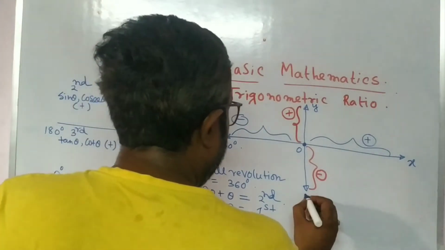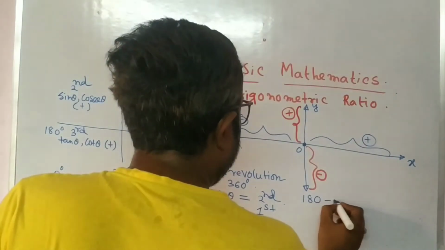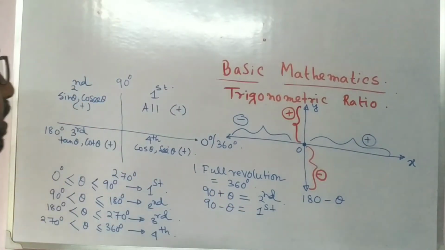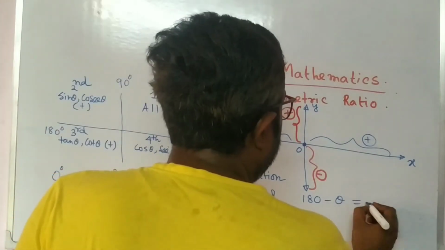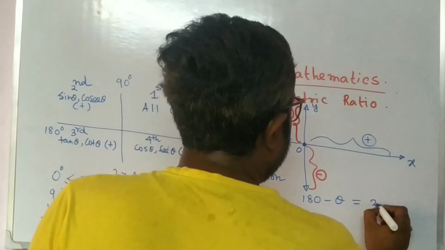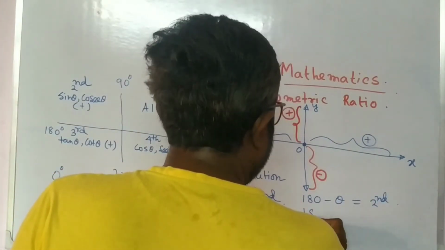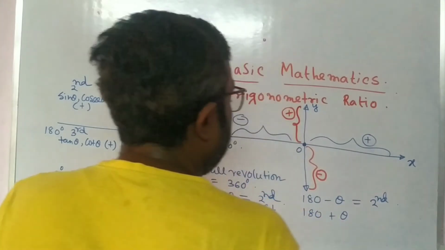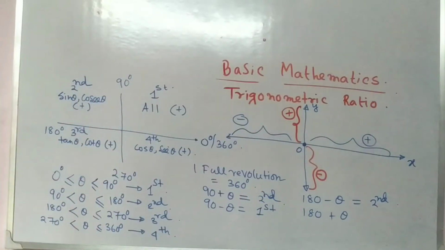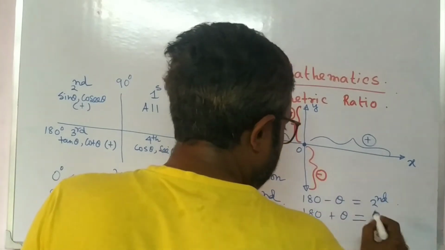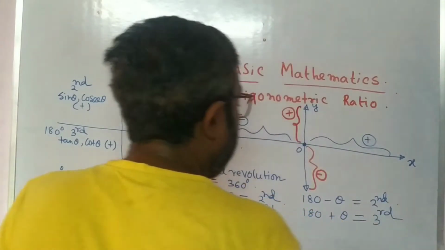Okay? If we subtract any angle from 180 degree, the angle lies in the second quadrant. If we add any angle with 180 degree, the angle will lie in the third quadrant, right?